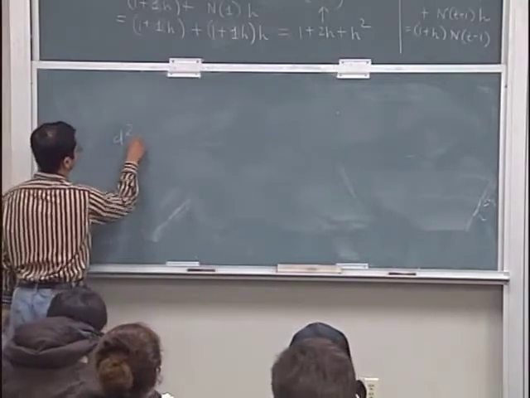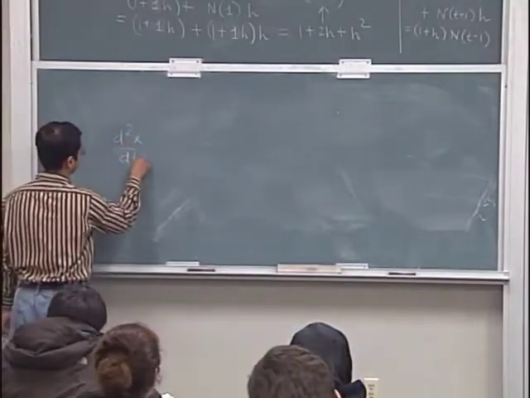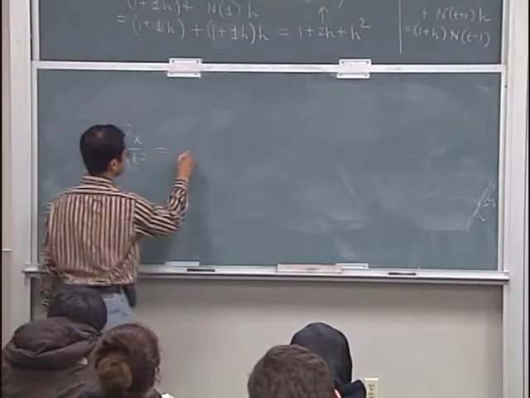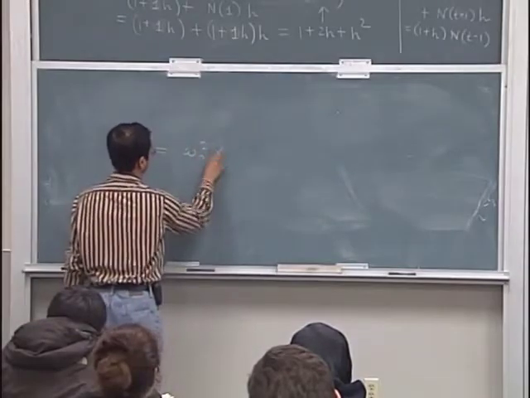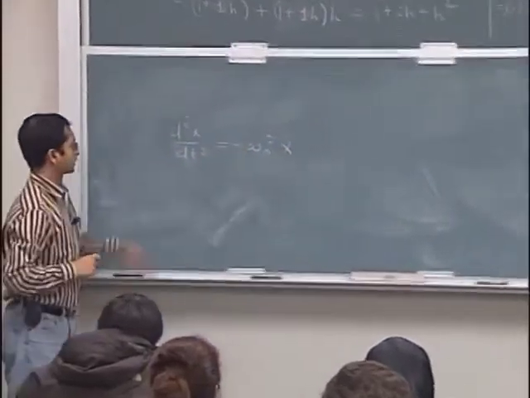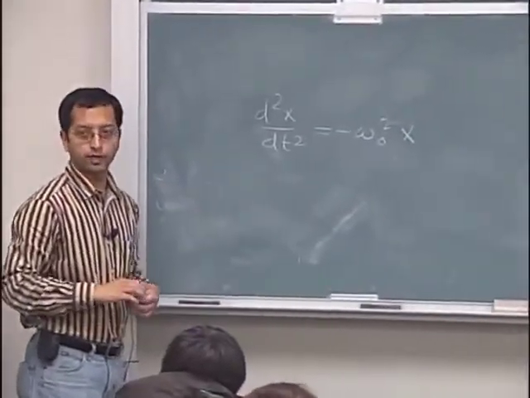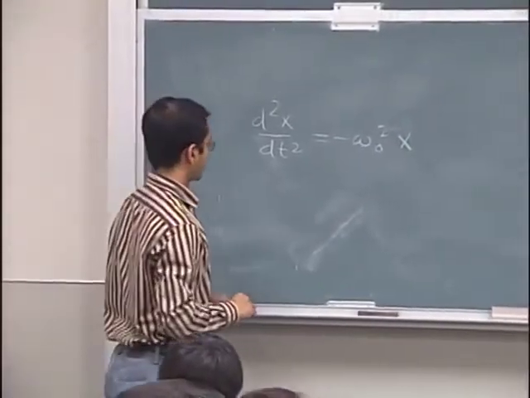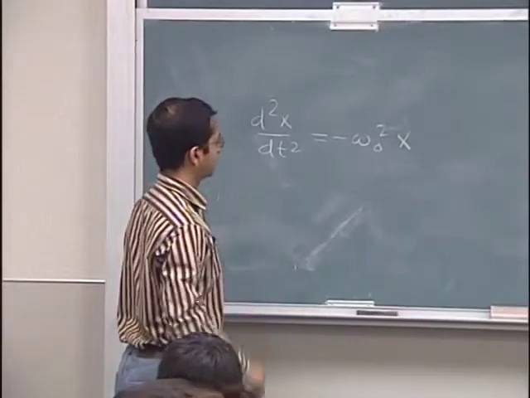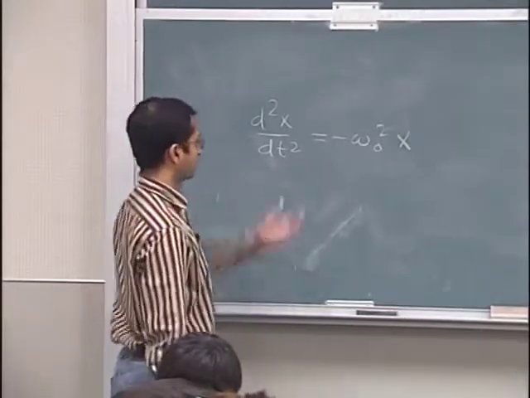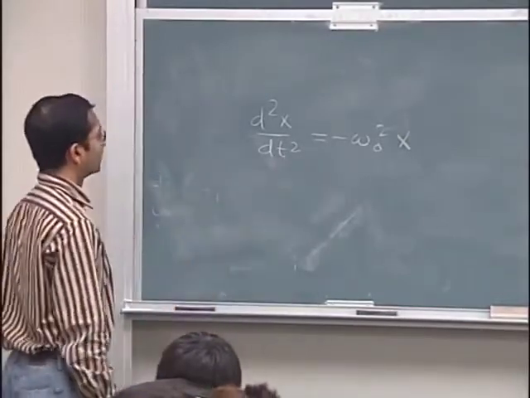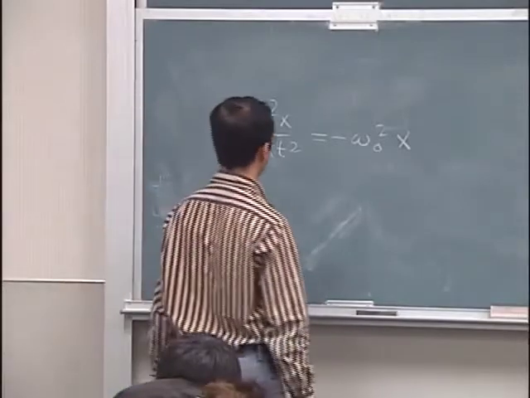suppose you have d2x dt2 equals minus omega 0 square x. The equation which I solved analytically, the cosine and sine solution. So how do you solve such a thing numerically? Of course, this has an analytical solution, but in the general case, it may not have such an analytical solution.